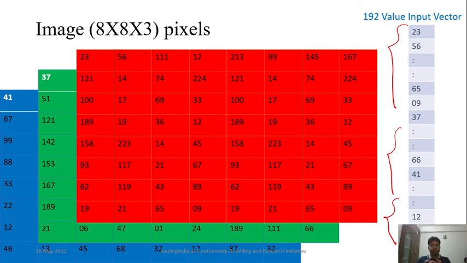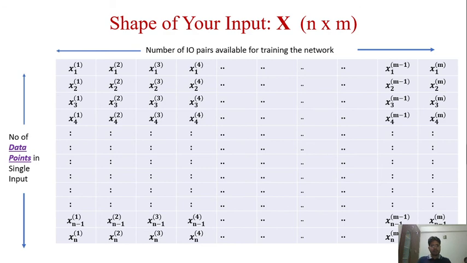Now definitely we do not have only one image, we have multiple images in hand. So you can make your entire training set. This training set says these are the number of data points: this is your first data point, this is your second, meaning first image, second image, third image, fourth image, and so on.